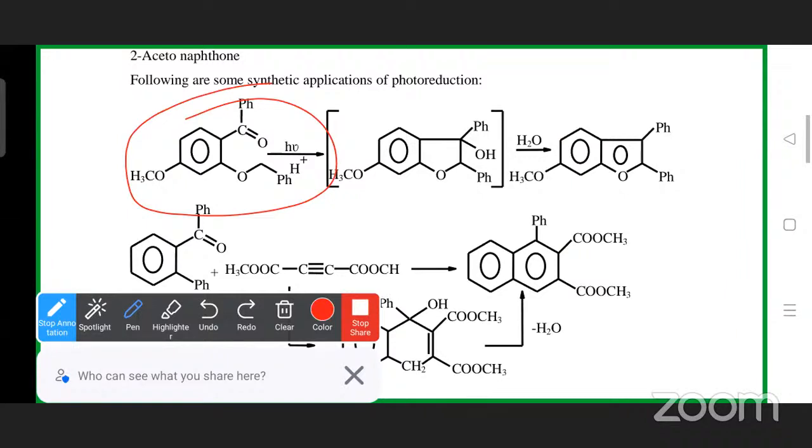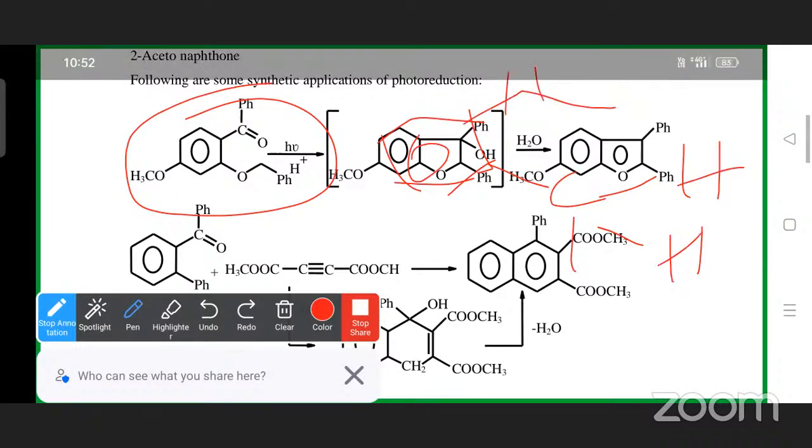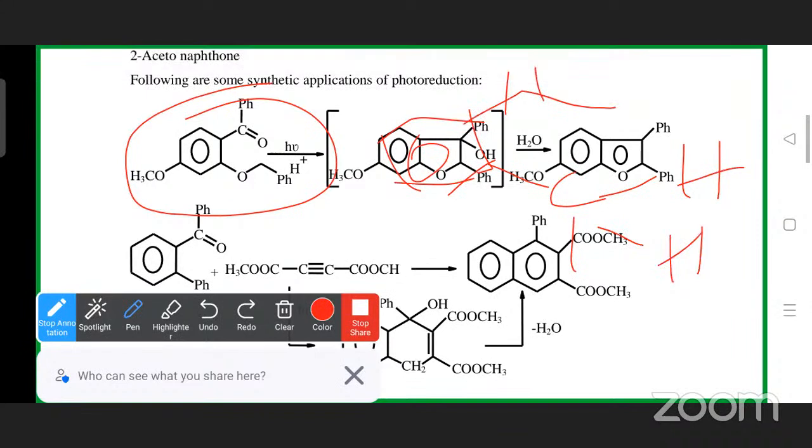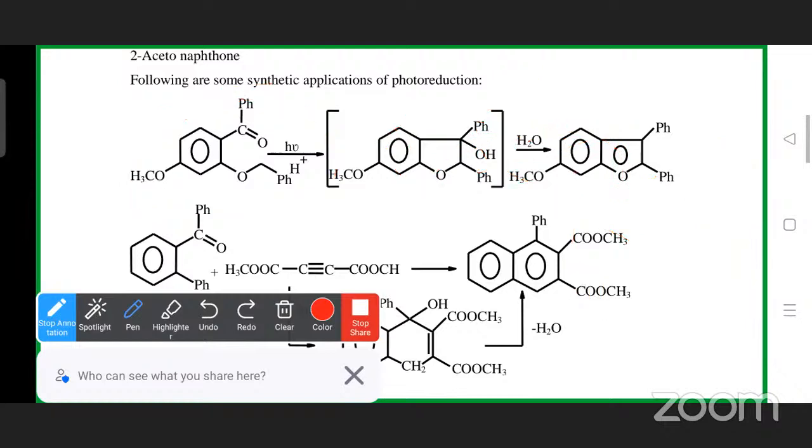In the previous case, there is a methyl group at the ortho position, so it undergoes a rearrangement. But here, at the ortho position there is no hydrogen; instead of hydrogen the oxygen is there, so no rearrangement takes place.